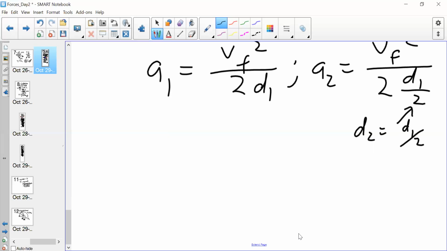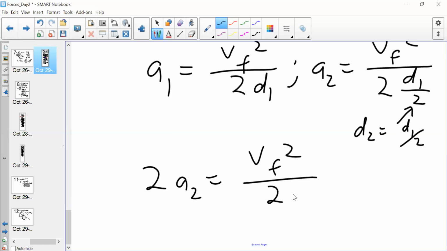We can see that A2 is going to be double that of D1. So A1 is this, and then we just multiply both sides by 2, and so we're going to get 2A2 is equal to VF squared over 2D1.